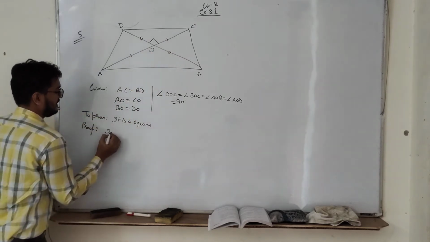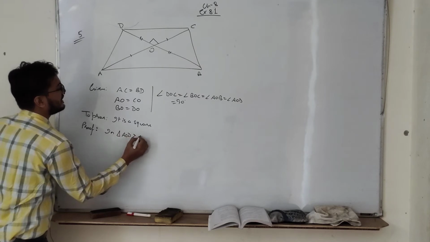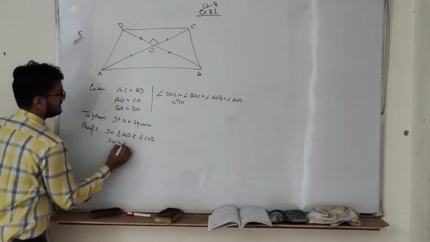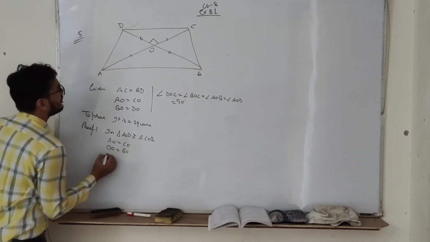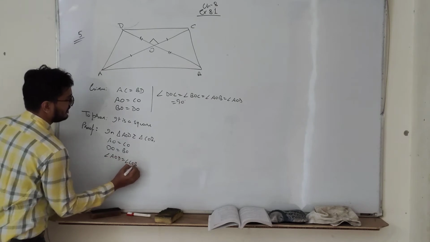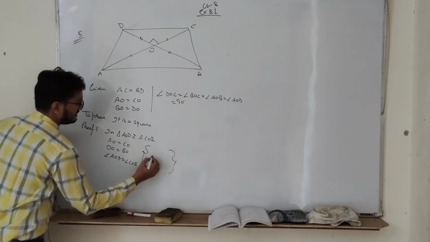As in previous questions, in triangle AOD and triangle COB, we have AO is equal to CO, DO is equal to BO, and also angle AOD is equal to angle COB. All three of them are given to us.